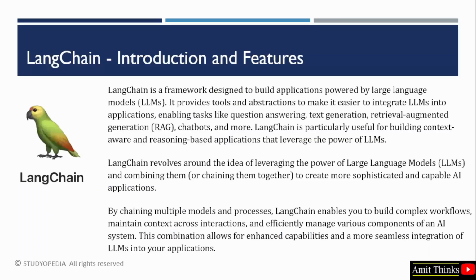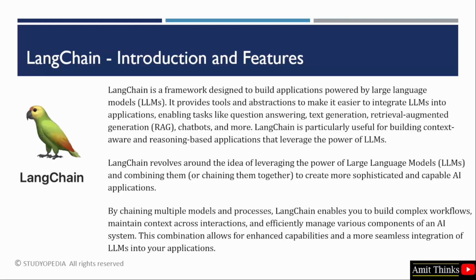LangChain is a framework designed for developing applications powered by large language models. It simplifies the entire life cycle of LLM applications from development to deployment and monitoring. It is useful for building context-aware and reasoning-based applications.